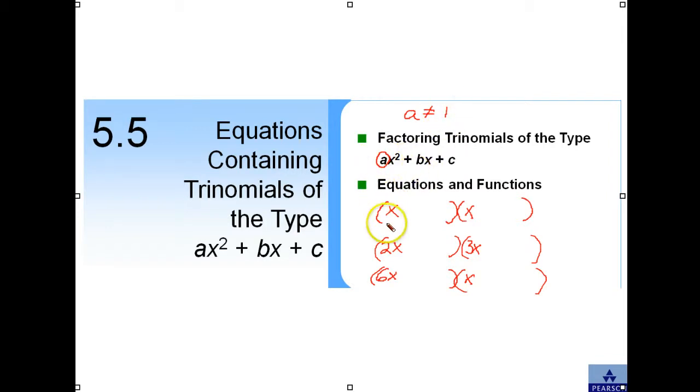Well, if A is 1, then when we set up our first terms here, it's just going to be an X and an X. But now let's say the A is 6, then it might be a 6 and a 1, or a 2 and a 3, or a 3 and a 2. So that tends to complicate what you're going to get for your other terms, and it requires a lot more looking at what you're doing. So let's get started and check it out.